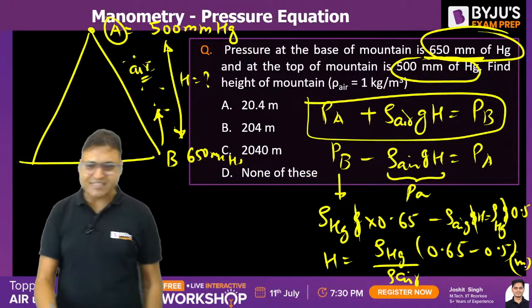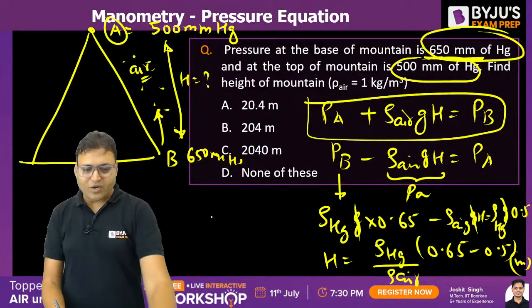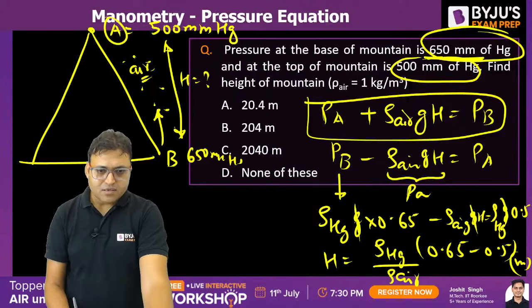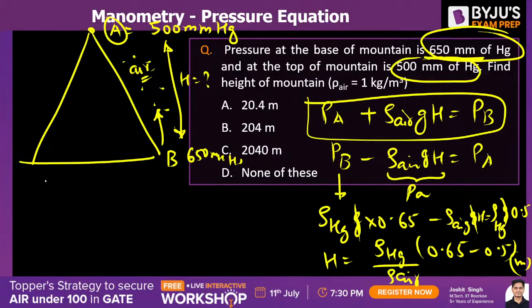What is the correct answer? What will be the answer? Can you get me the answer? So H will be equal to, what is the density of mercury? 13,600 divided by density of air is 1 into what is 0.65 minus 0.5? 0.15.